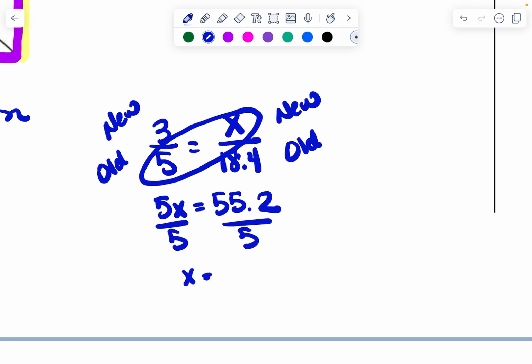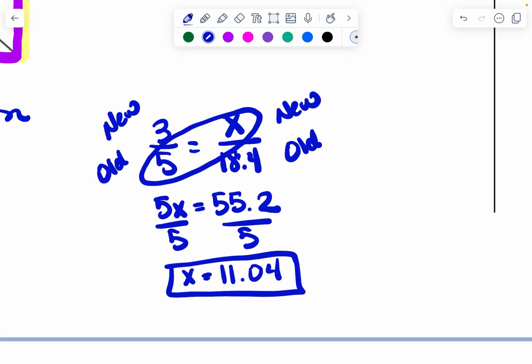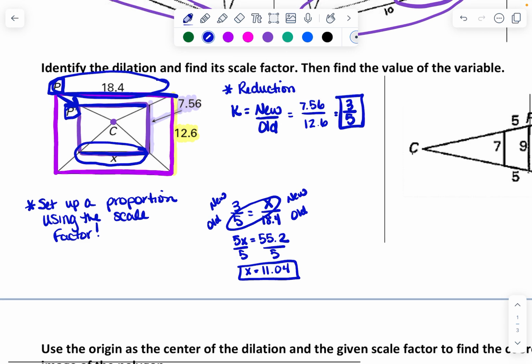So our x value is going to be 11.04. So that means the length of this guy right here, and because it's a rectangle, this guy right here, is going to be 11.04. So basically we can use our scale factor to figure out how much smaller the side lengths get with a dilation, or how much bigger they get.